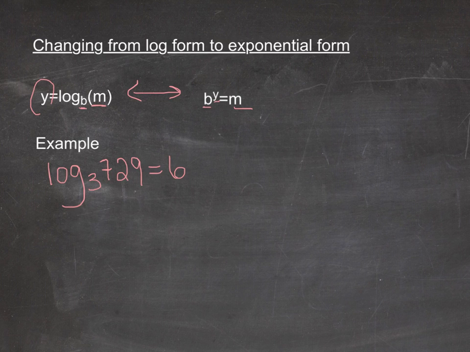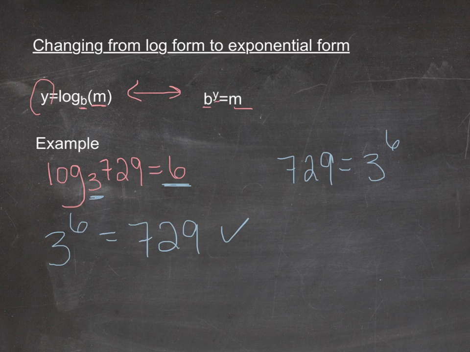So 729 is the same as 3 to the 6, so I'll rewrite it like that. My base is 3, to my answer, 6, is equal to 729. So they are the same thing.